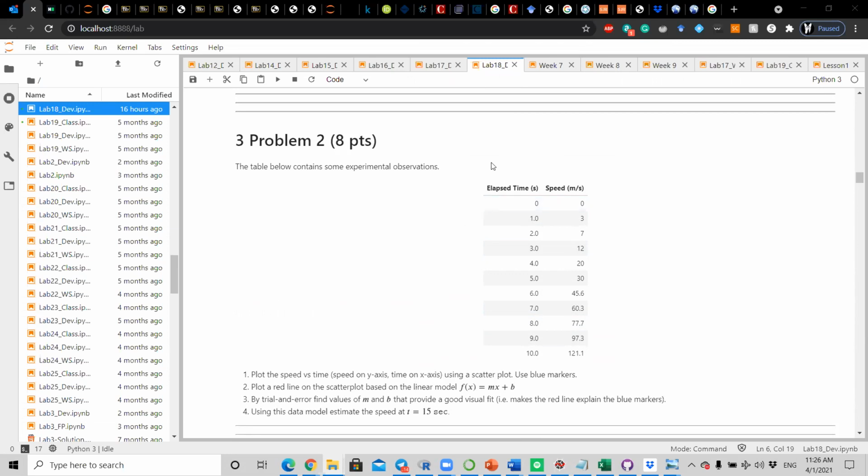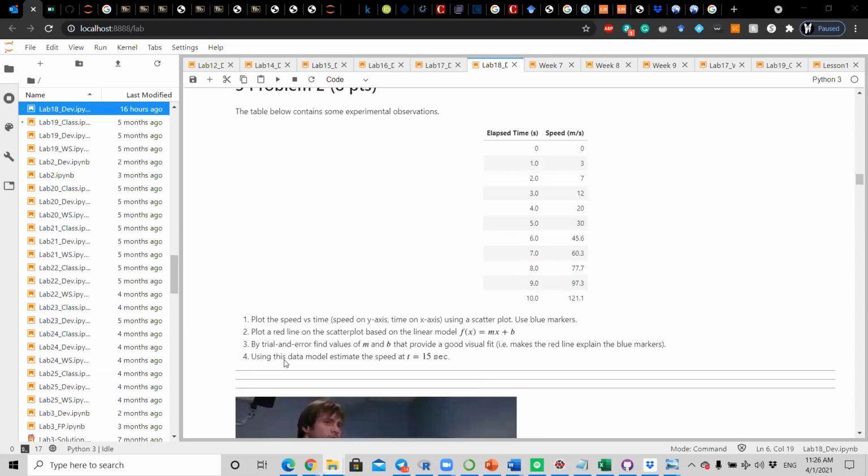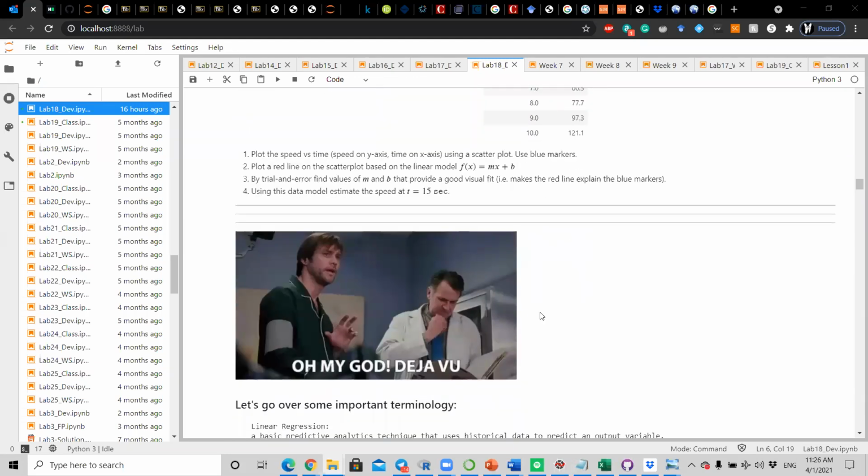Okay. Do you have two sets of numbers? Yes. One set for time, one set for speed, where you ask to use a data model to estimate the speed at t equals 15 seconds. Yes. Okay, so this is very similar to what we are discussing.